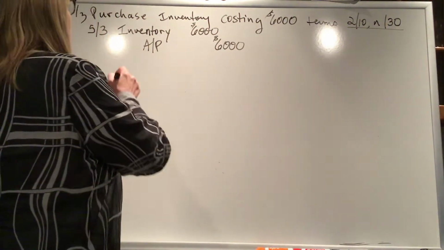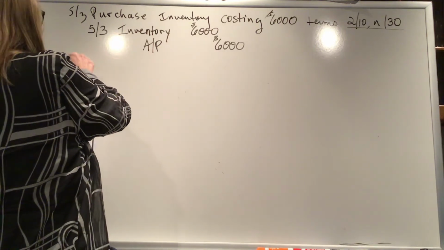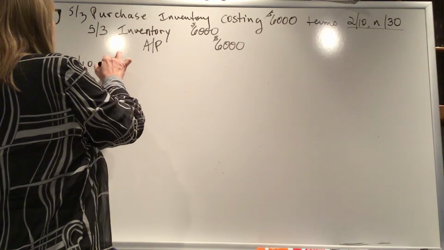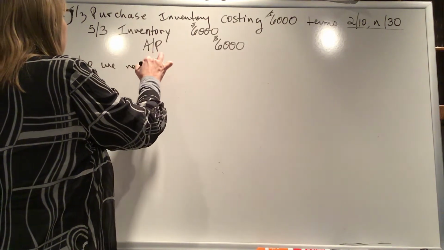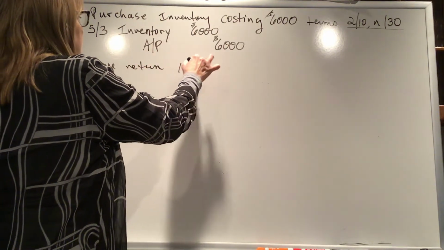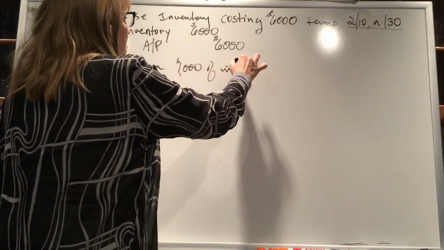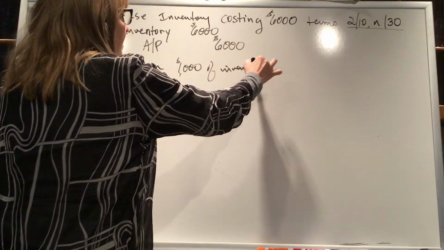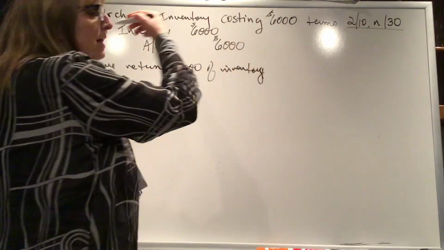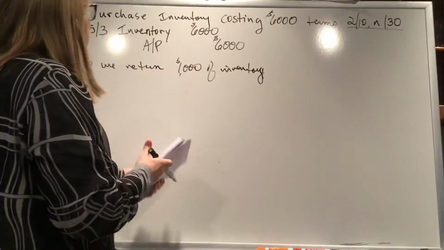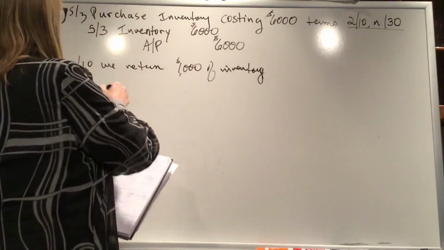So let's say that we return on 5/10, we return $1,000 of the inventory. Remember, we're going to assume we're a shoe store, so we sent $1,000 of the inventory back to Nike. We didn't like the color or something. We didn't want to sell it in our store.